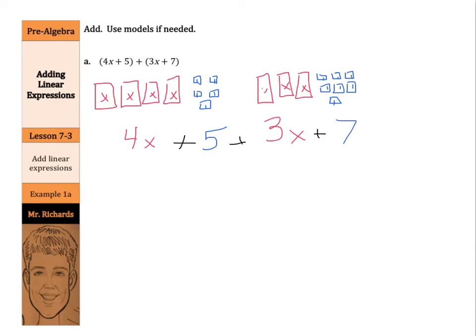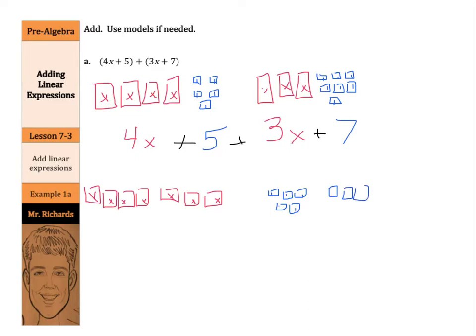Now, let's regroup these. Let's regroup our x's together because those are like terms. I would have the 4 x's here, and then my other 3 x's. So 1, 2, 3 x's, and then my 5, and then 7 more.